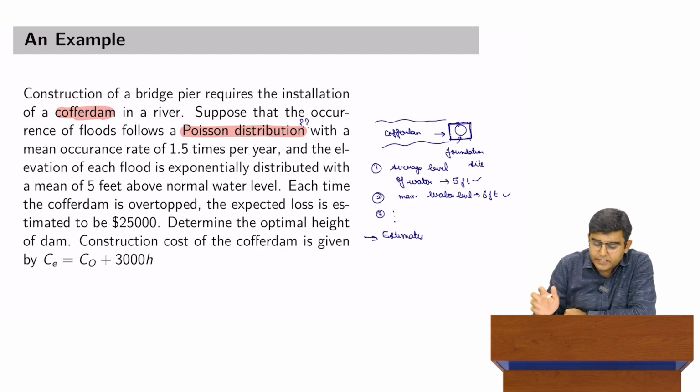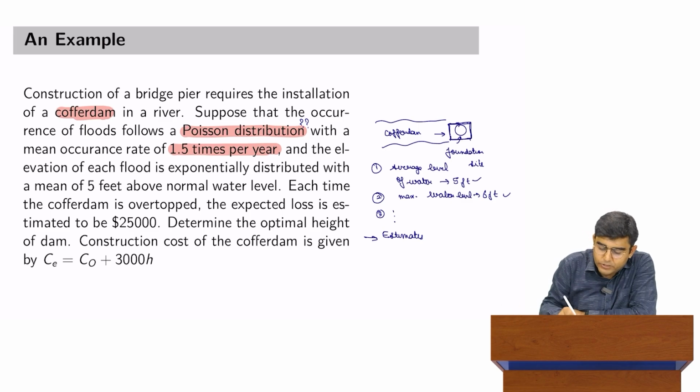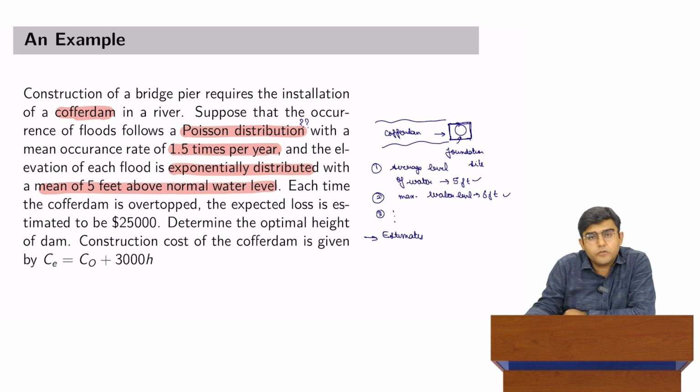But it basically tells us that there is some variable that follows a probability distribution, and the mean occurrence rate of flood is 1.5 times per year. So in 1 year, expect 1.5, in 2 years, expect 3, and so on, number of floods in that particular setting. And the elevation of each flood is exponentially distributed with a mean of 5 feet above normal water level.